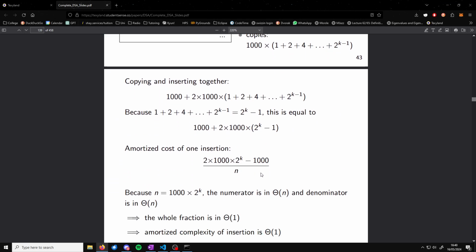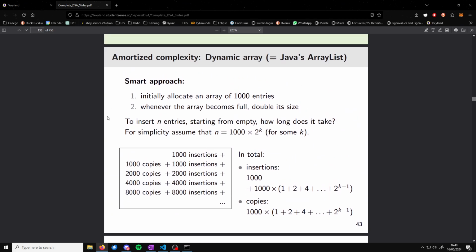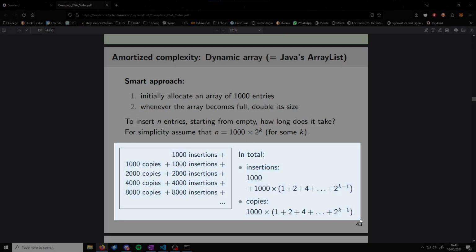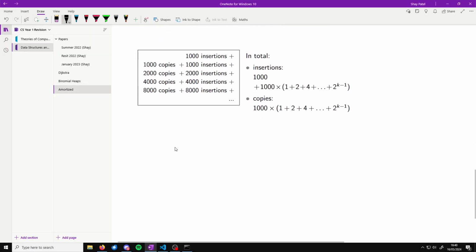Okay, so to work out the amortized cost of one insertion, let's trace through what this would actually mean. The number of insertions is 1000 plus 1000 times 2 to the power of k minus 1.